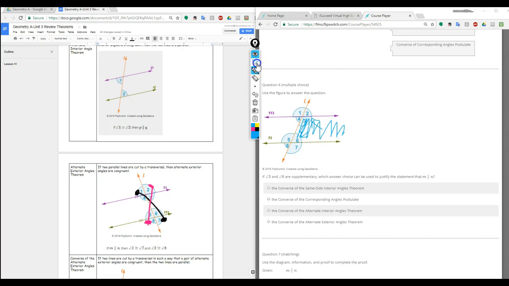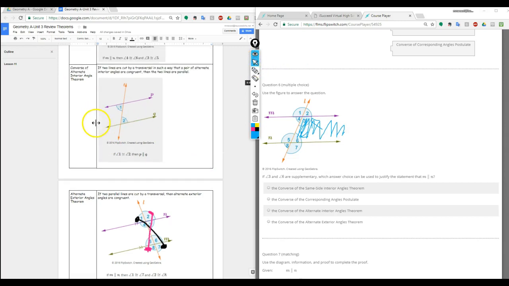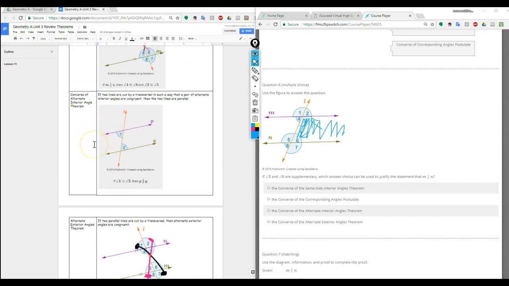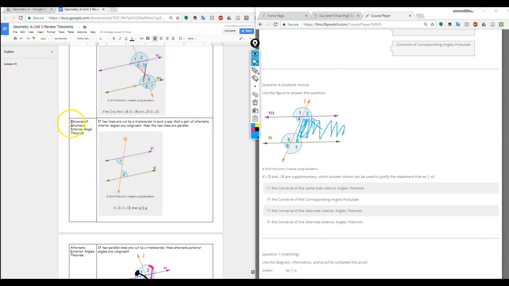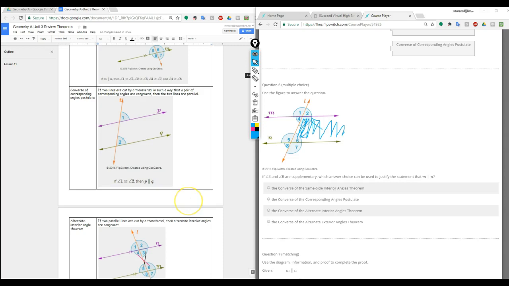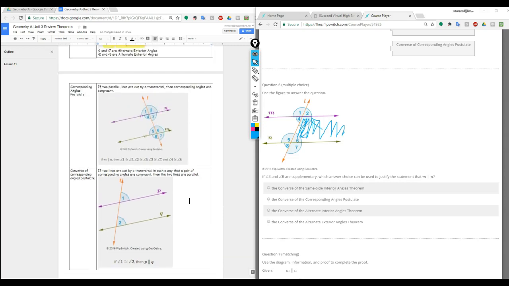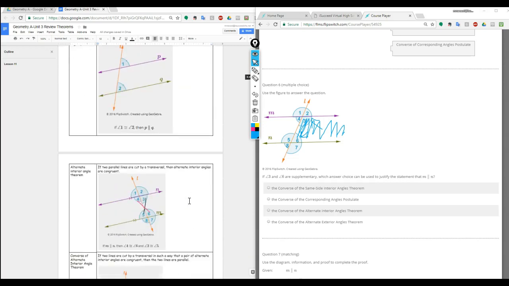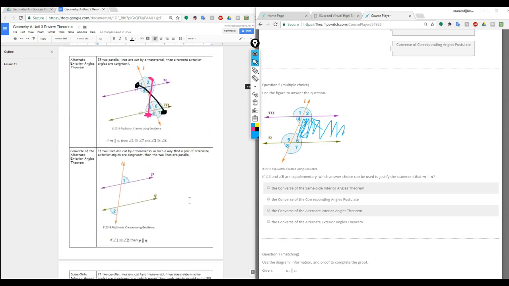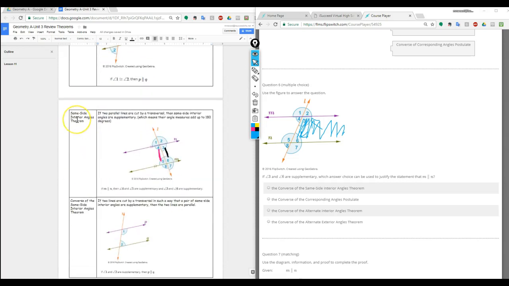So if I'm scanning our notes for help, if you notice, this is converse of alternate interior angle theorem. So I'm looking for same side and they're inside. And so I'm going to look for same side interior angle theorem.